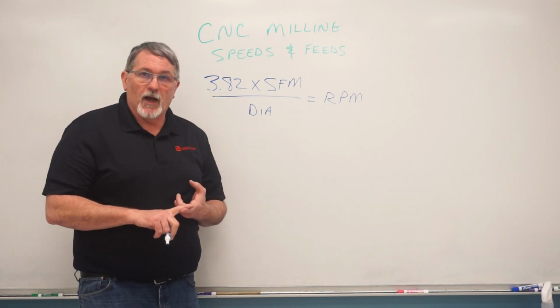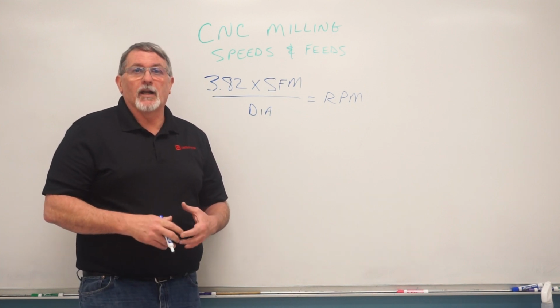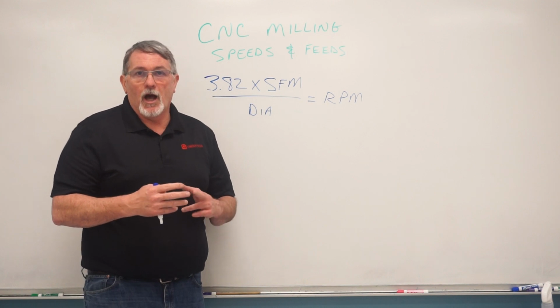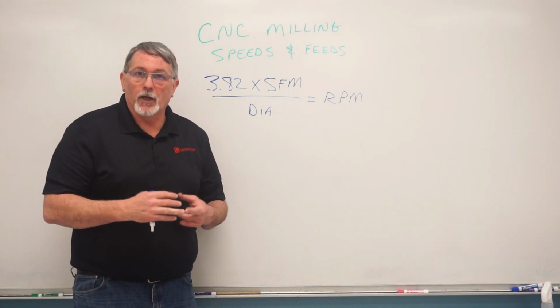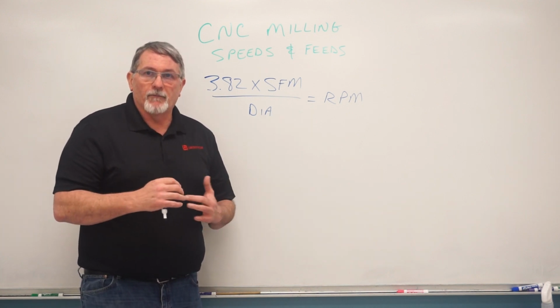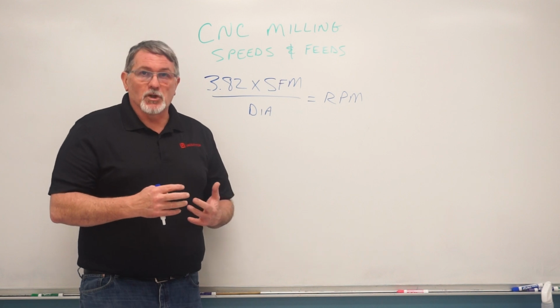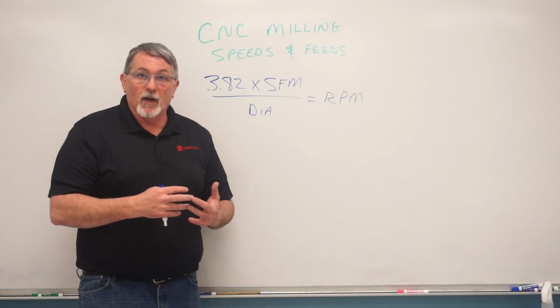The other determining factor is the material that we use. If you're cutting aluminum, you'll have a much higher surface footage. If you're cutting an Inconel, a Hastelloy, or a high carbon alloy of some sort, like a 4140 or 4340, those are going to have a lower surface footage. Now, there are some charts out there, some that I even hand out in class. They'll give you a rough idea of where to start.